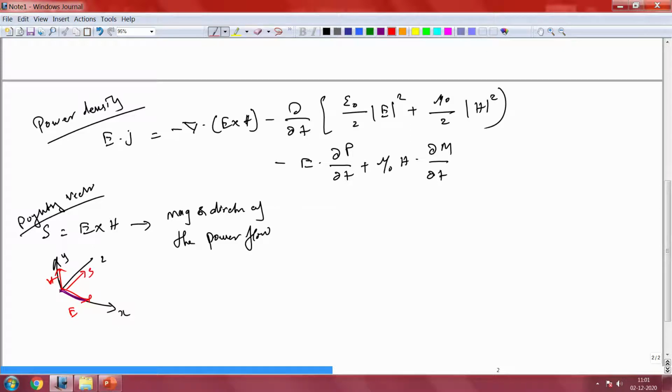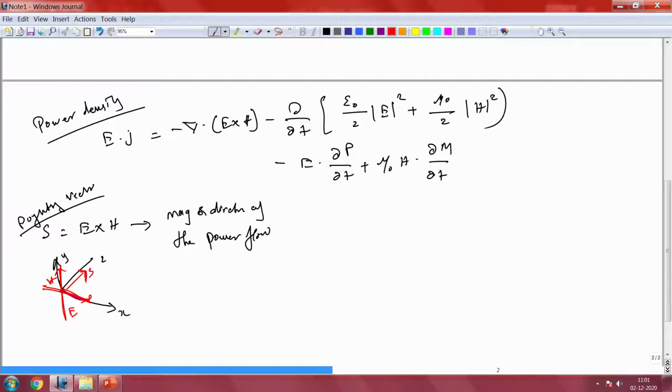So that means when you have the field oscillating in the H direction, and then the field oscillating in the x direction here and y direction here, then the wave, or the energy, should be in the direction of z.